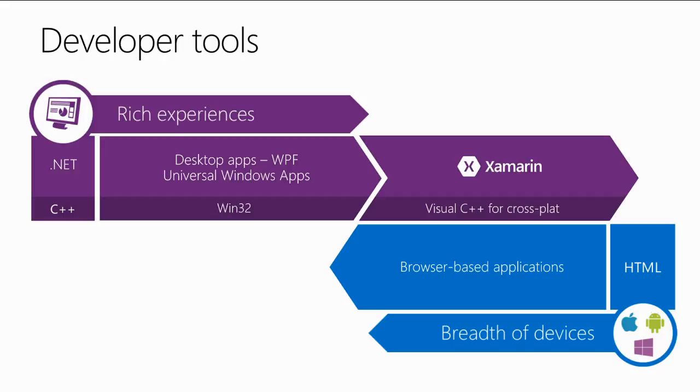For people coming from rich experiences, we continue to invest in building those on Windows, whether that is Windows Desktop with technologies like WPF, or Windows devices through the new Universal Windows Platform, which allows you to target the desktop form factor, the tablet form factor, the device form factor, and the big screen form factor.